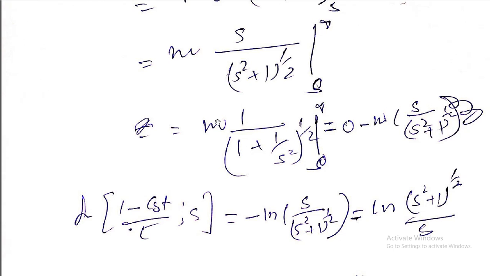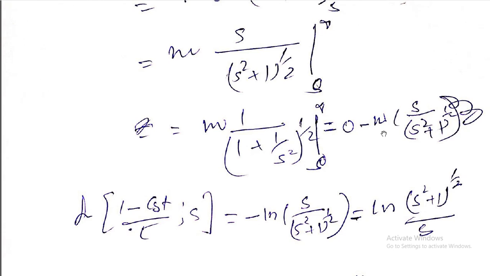Now apply limits. So we have ln of 1 plus 1 by infinity, which is equal to 0. So ln of 1 is equal to 0, and ln of 1 plus 1 by s square, because the lower limit is s. So ln of 1 plus 1 by infinity means ln of 1 minus ln of the lower limit expression. ln of 1 is 0.